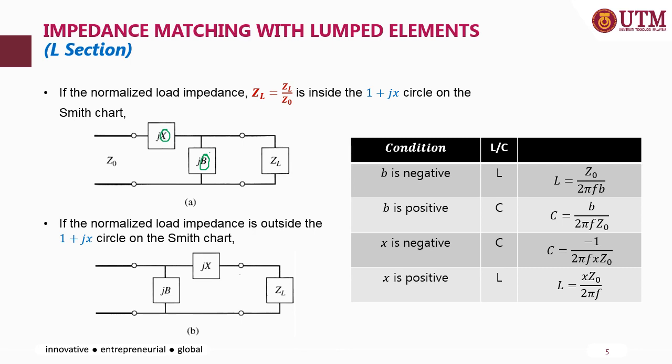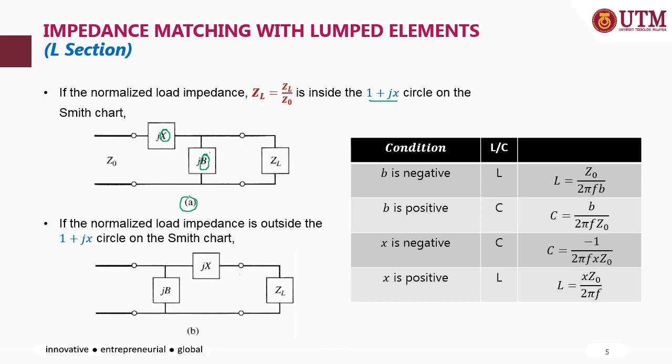If you have the normalized load inside the 1 plus jx circle, you'll be using this circuit. So what will be the components of jX and jB? It depends on the value of your susceptance and also the reactance.